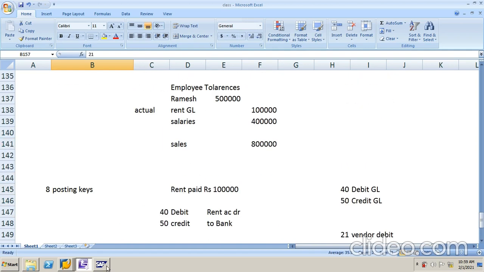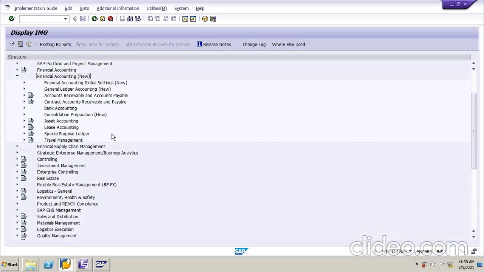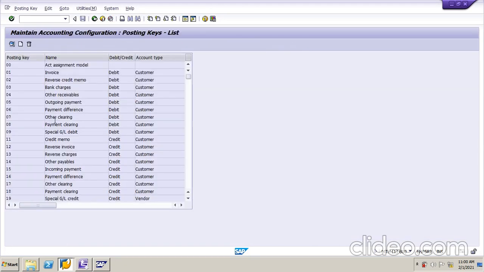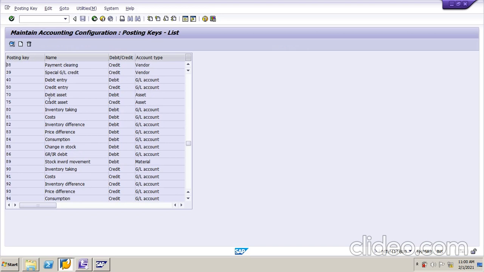In SAP, let's see how many posting keys we have. Go to Financial Accounting Global Settings, Documents, Define Posting Keys, and open here. These are all the customers, vendors, GL, debit asset, credit asset, which we just discussed.